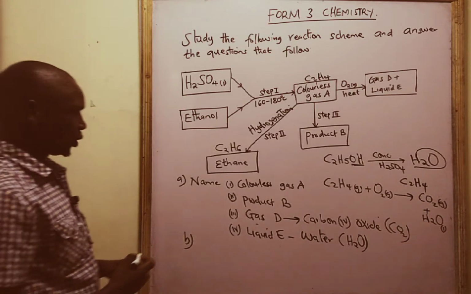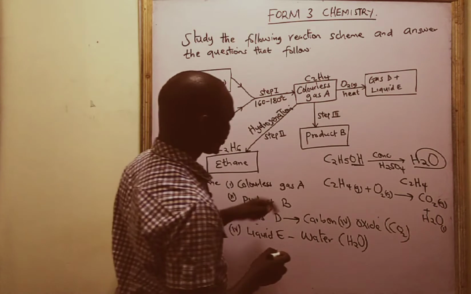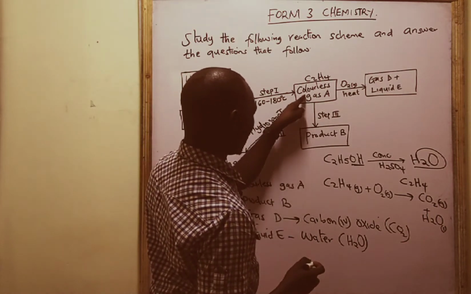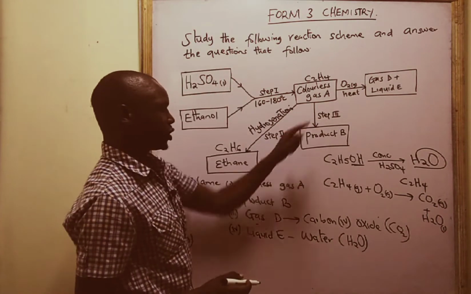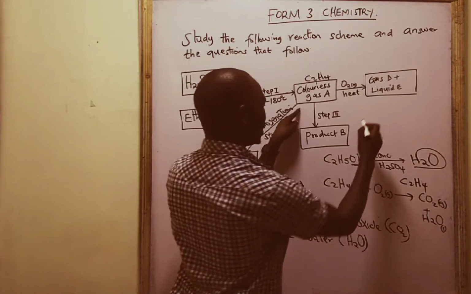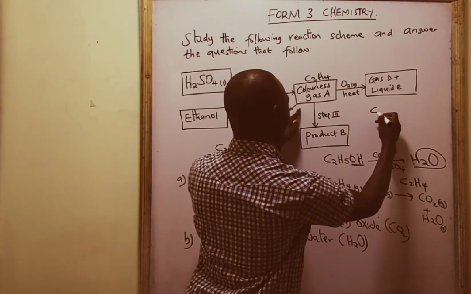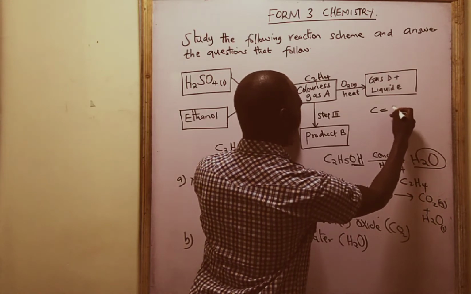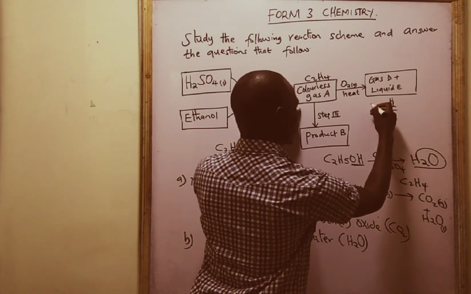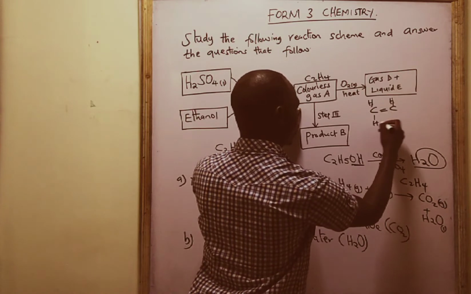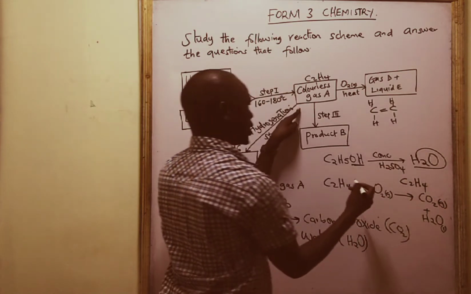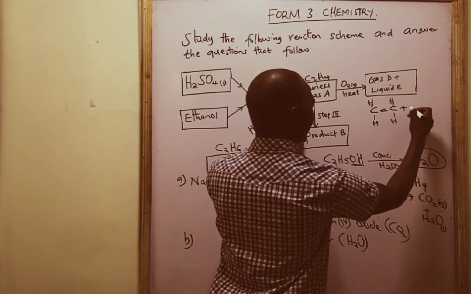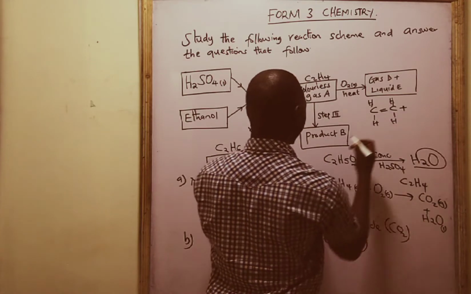The last point where we are supposed to go is now from colorless gas A through step 3 to product B. If we have C2, let me draw the structure this way. Then we have hydrogen. We have 4 hydrogens like this, and we are adding hydrogen chloride.